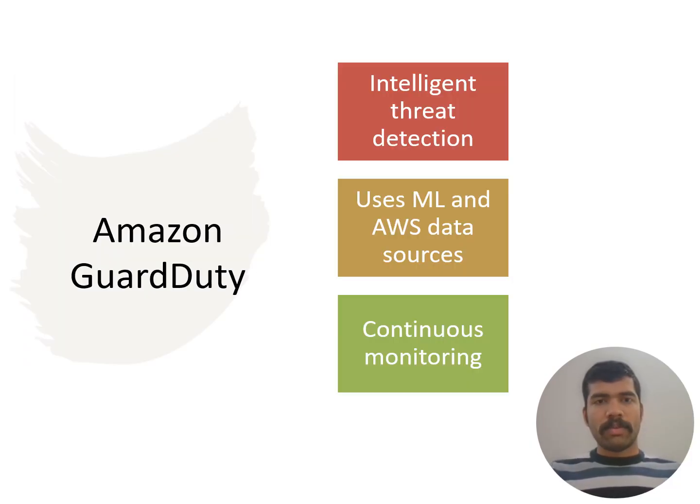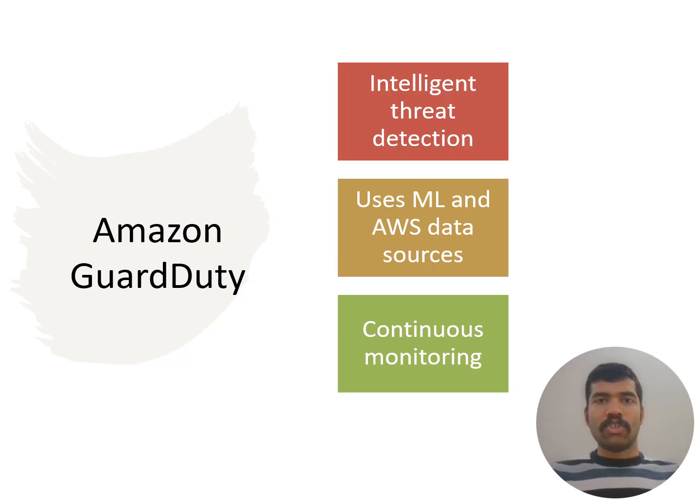Okay, so now in this slide, we are going to focus on Amazon GuardDuty. So what is Amazon GuardDuty? It is AWS's most intelligent threat detection service. GuardDuty basically analyzes continuous streams of data from CloudTrail logs, VPC flow logs, and even DNS logs.